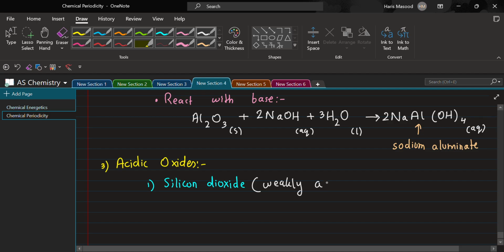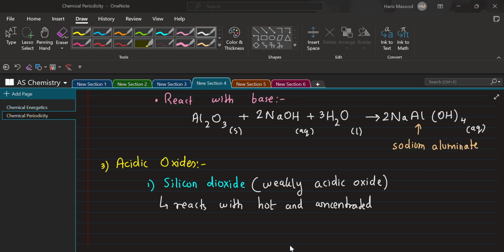It is acidic but very weak. So it reacts with, we need hot and concentrated bases for it to react.